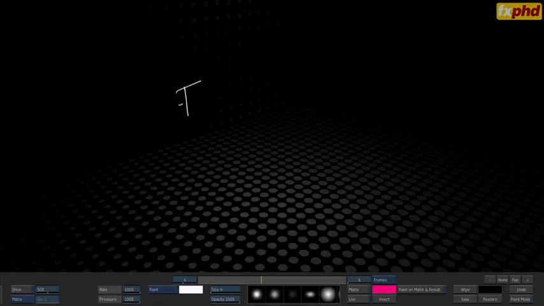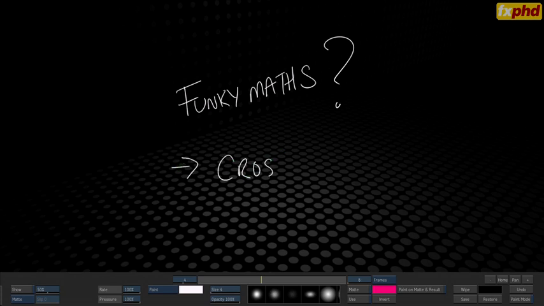This funky maths that I'm referring to is in fact what's called the vector product. The vector product of two vectors gives us a third vector normal to the plane made by the first two. So I draw one, I draw a second, and now if I give you the cross product, as it's called, of those two vectors, I will give you a normal at 90 degrees to the plane that those two are on.